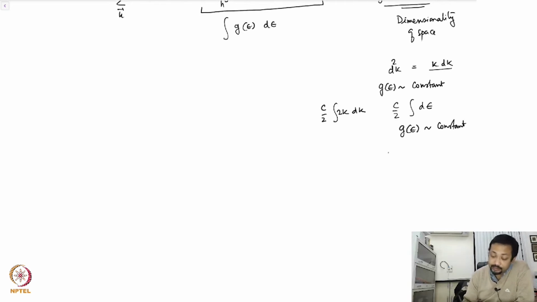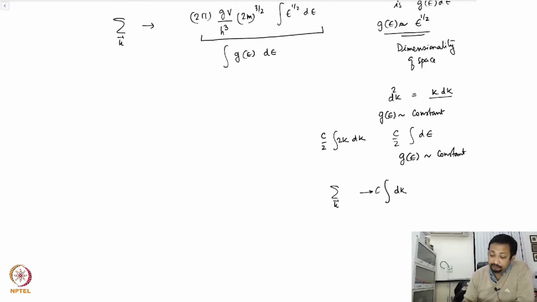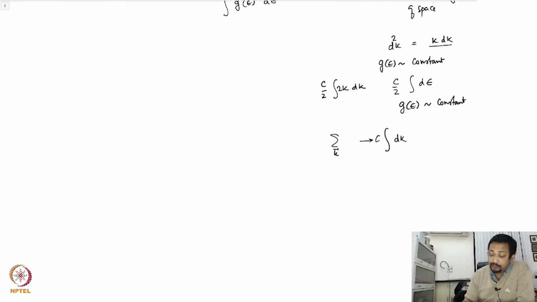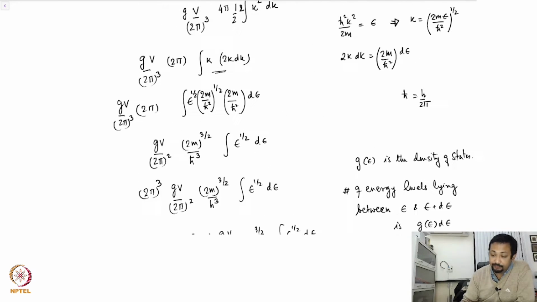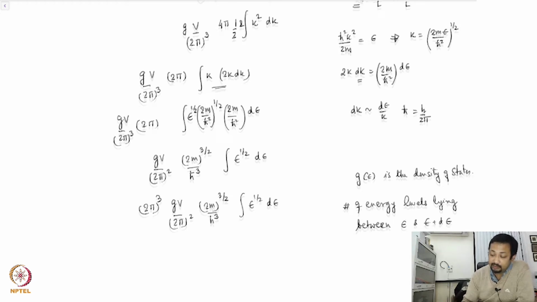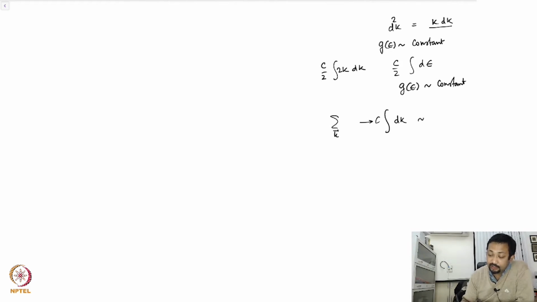In 1D, this is just going to be dk. The sum over k will just go over to some constant times dk, and if you look at the relation between the energy and the momentum, I have dk going as d epsilon by k, so that this integral will go as the integral of d epsilon over k.